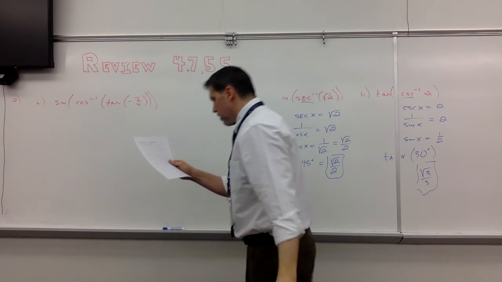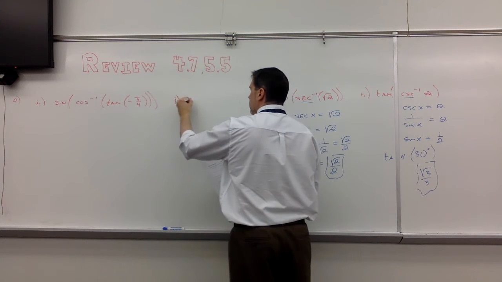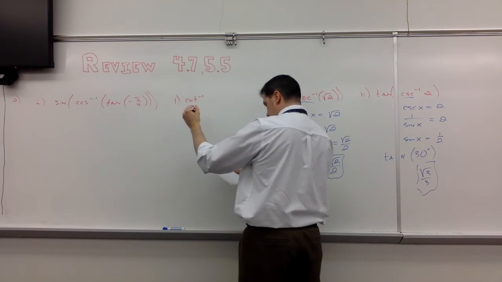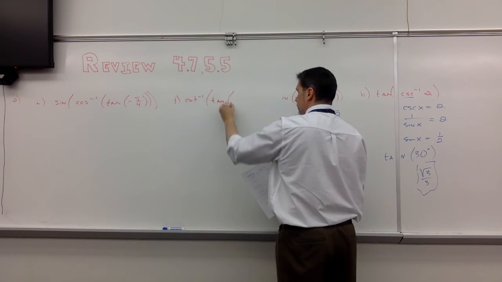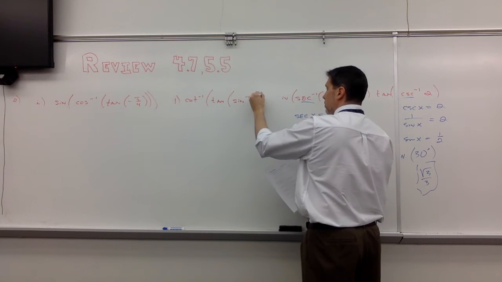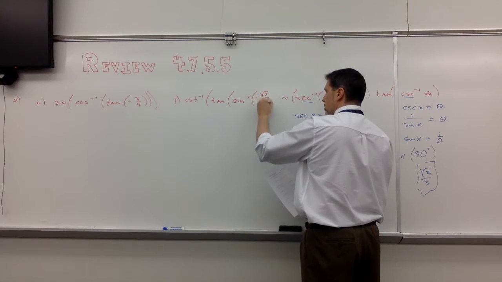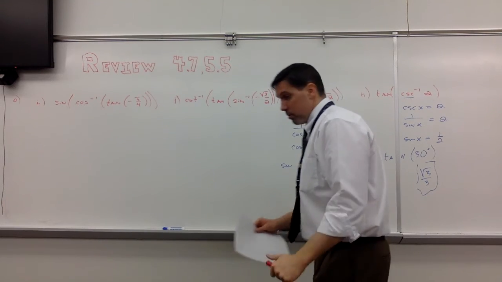One more, and then letter J. My goodness. Cotangent inverse of tan of sine inverse of negative square root of 3 over 2. Okay, well, let's see what happens here.